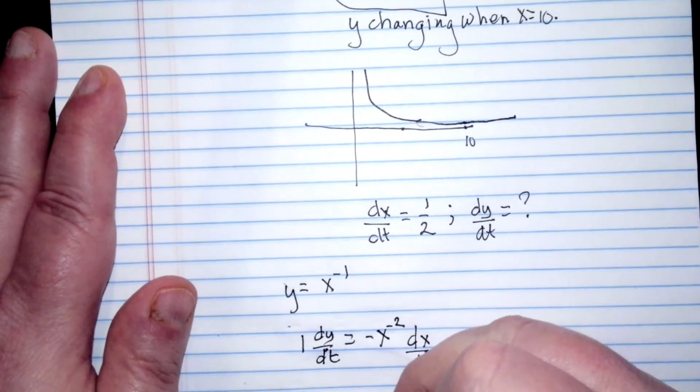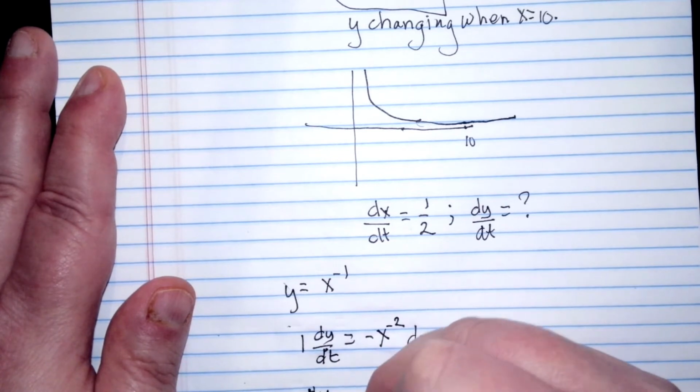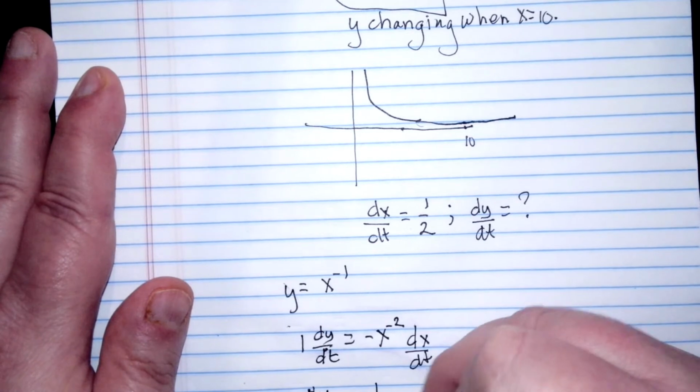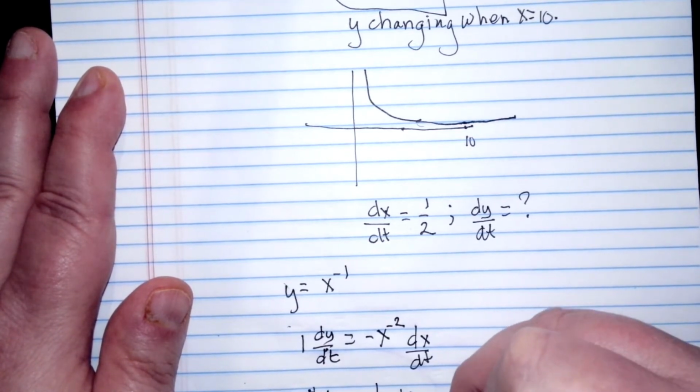Alright, so dy over dt is equal to negative 1 over x squared times dx dt.